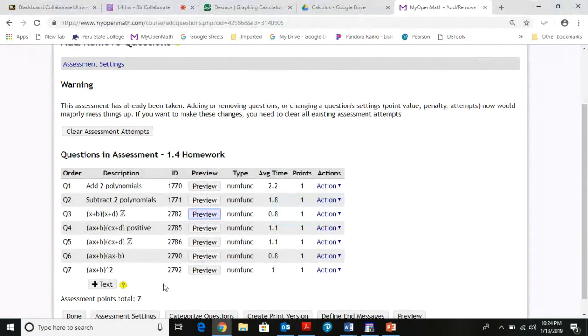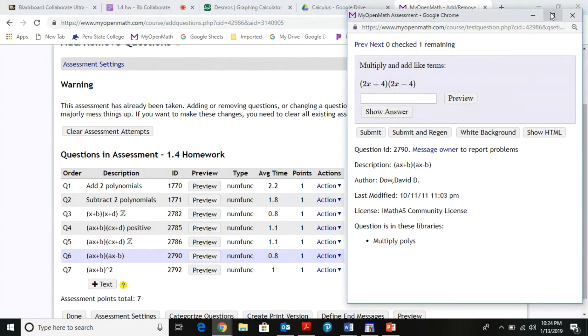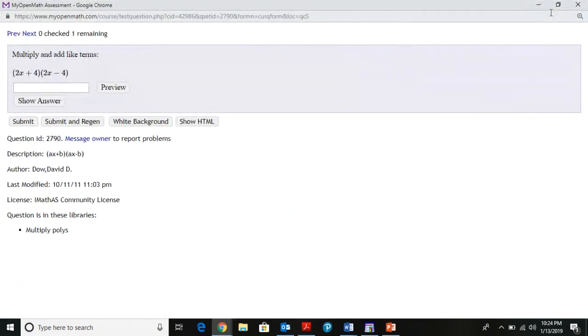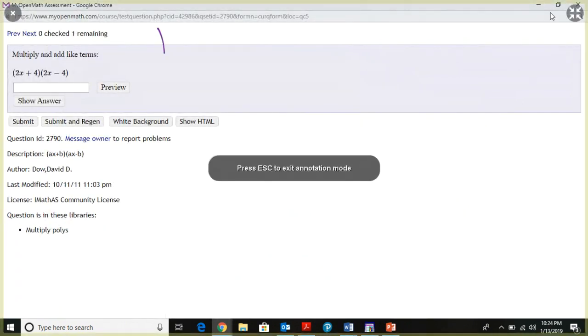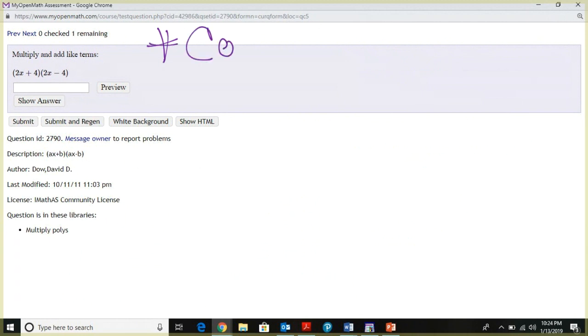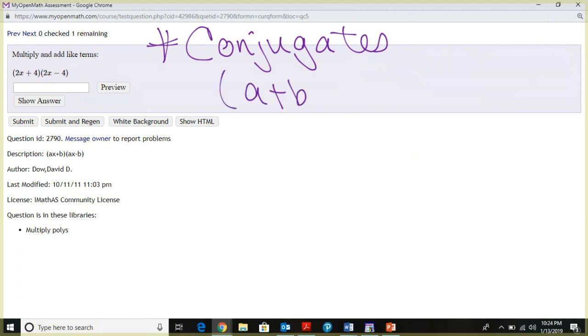So that's foiling. This next one's another foiling. This one is foiling, but it's going to do something cool because it has conjugates. Conjugates are awesome because if you multiply two binomials that are identical except the middle sign, then the outer and inner will always cancel.